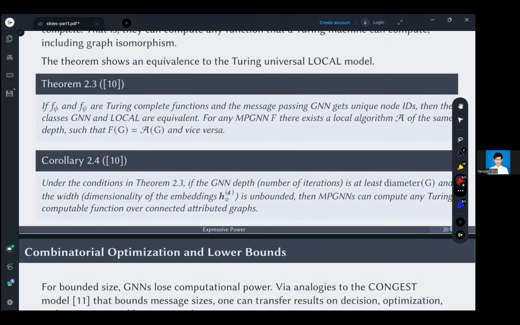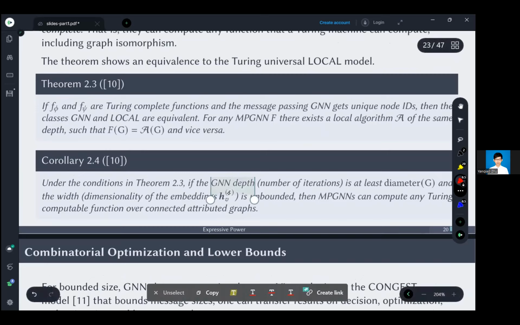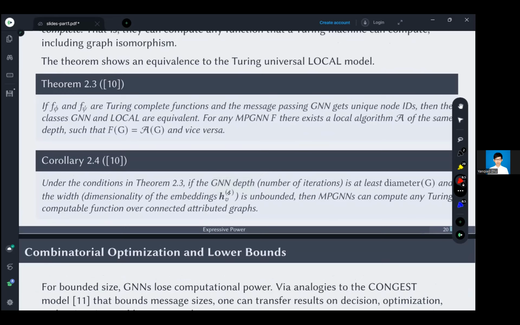Another corollary of this theorem is the so-called asymptotic result.